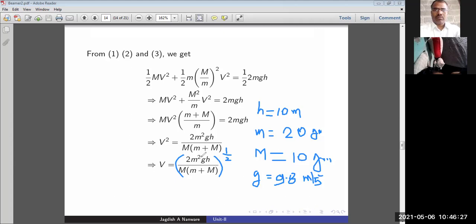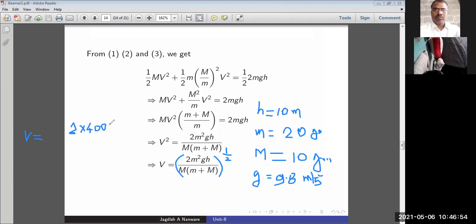So if you take these values, then what will be the velocity? For that you just use this formula. So just put the values of small m, g, h. So velocity is equal to 2 times small m is 20 square, so it is 2 times square of 20 is 400, right?